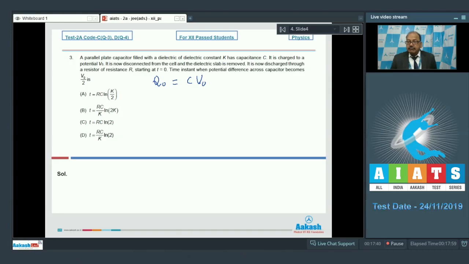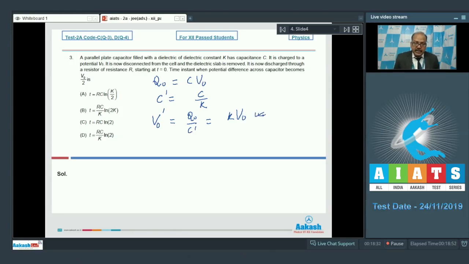So if the dielectric slab, whose dielectric constant is K, has been removed, the new capacitance C dash will become original capacitance divided by K, and which means the potential difference has now increased, and the new potential difference across the capacitor will be equal to the charge by C dash, and that means the new potential difference, let's call it V0 dash, is equal to Q0 by C dash, and if you put the value of C dash, it turns out to be equal to KV0.